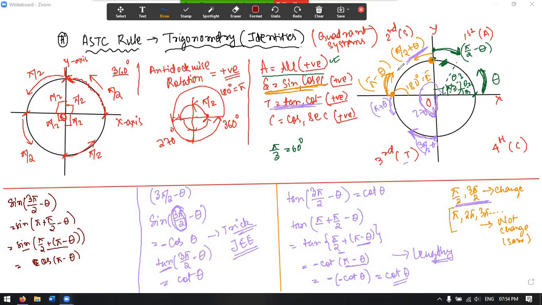Pi by 2 plus something is in the second quadrant, where sine is positive, so cos of pi minus theta, and pi minus theta is in the second quadrant where cos is negative, so the answer is minus cos theta. Sine of 3 pi by 2 minus theta is equal to minus cos theta.